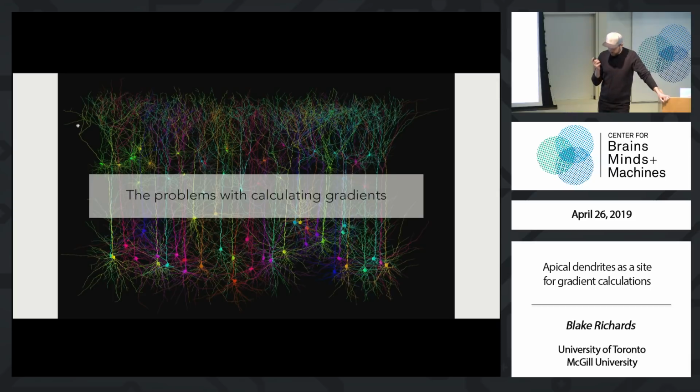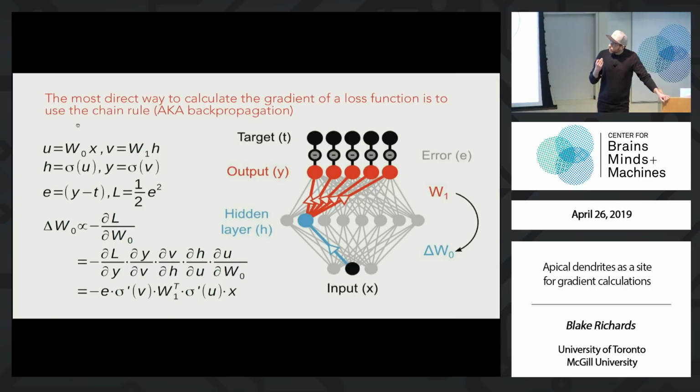Okay, so the problem with calculating gradients. The reason this isn't an easy problem and something that actually requires a lab to focus on, or many labs as it were, is that the most direct way to calculate the gradient of a loss function, if you have a multi-layer network, is this. Here I'm illustrating a multi-layer neural network. Each of these little circles is supposed to represent a neuron, and each of the lines a synaptic connection.